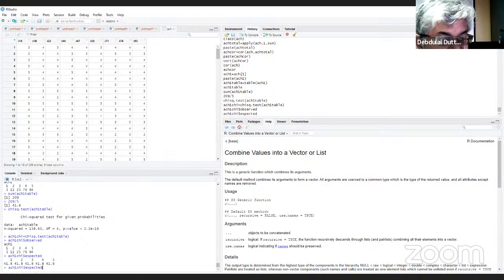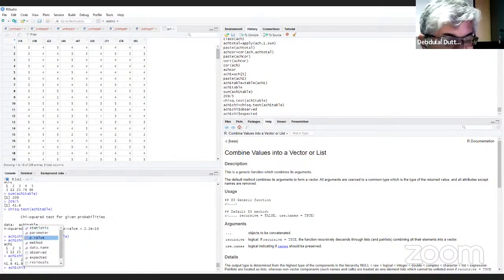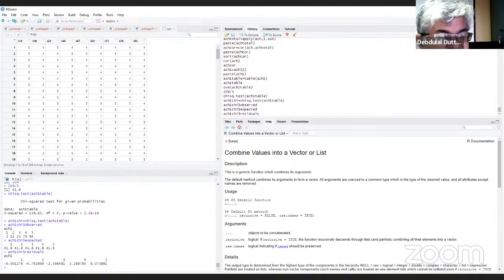Now, if I want to know more about it, so this is the residual value. Okay.